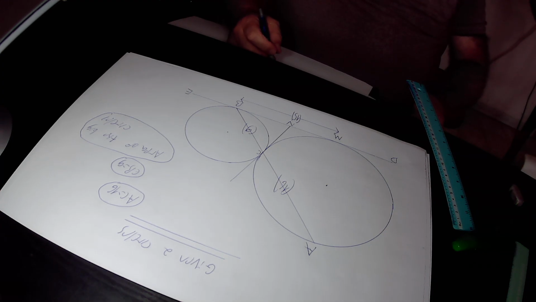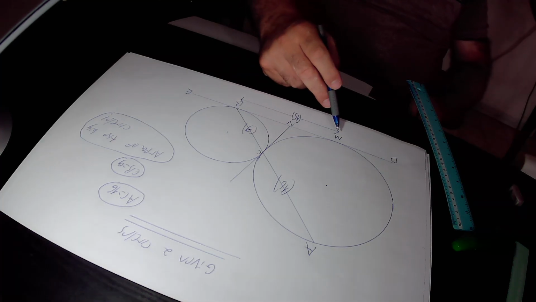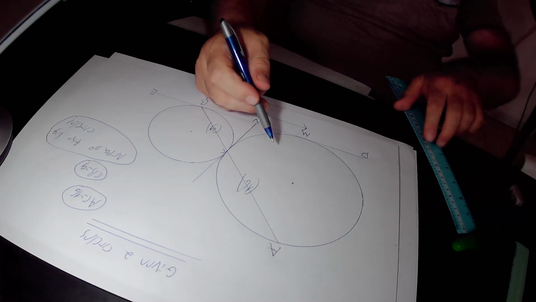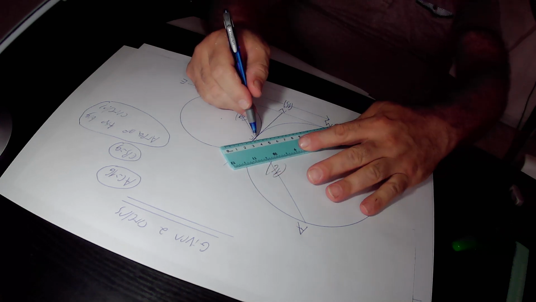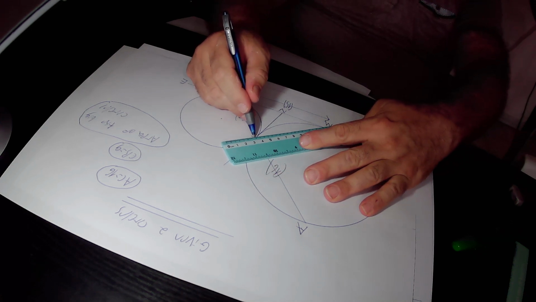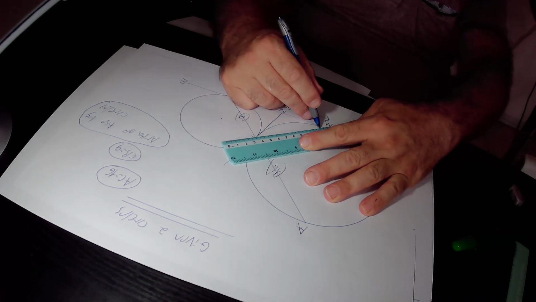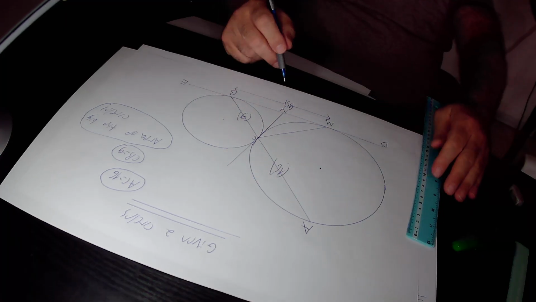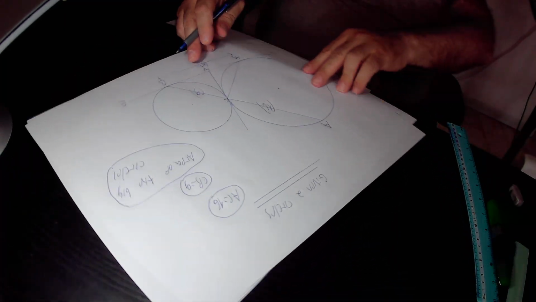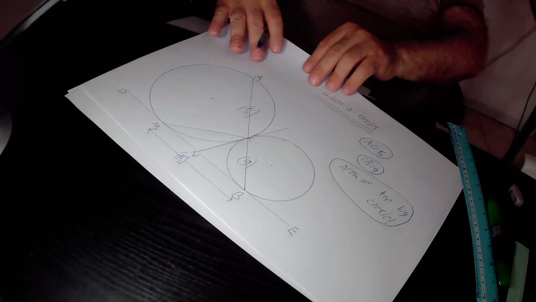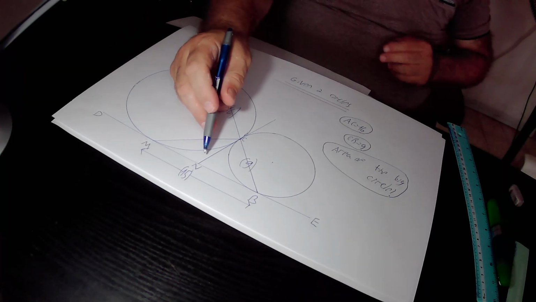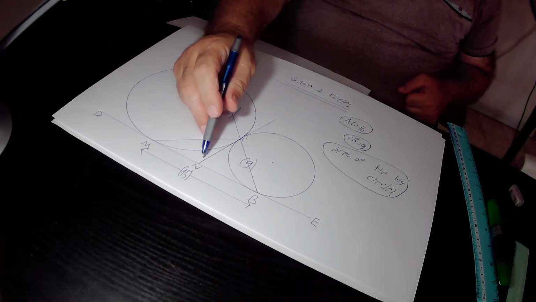In the next step, we'll join point C and M together by a straight line. And we'll focus on this point N, this common external point.